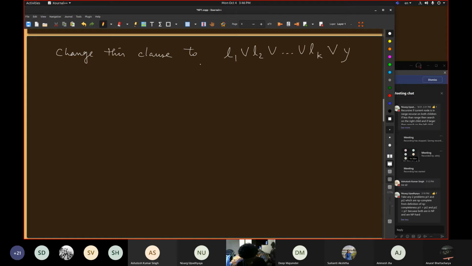Of course, I could have introduced a fresh variable for each clause, but it's not necessary. I can take a single variable y in all the clauses, where y is not in the set of variables involved in phi. Okay, so now I have to prove two things.